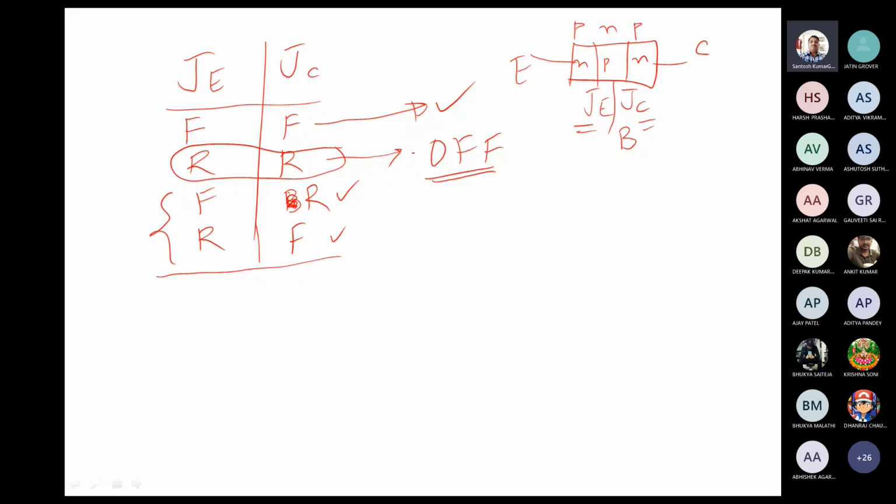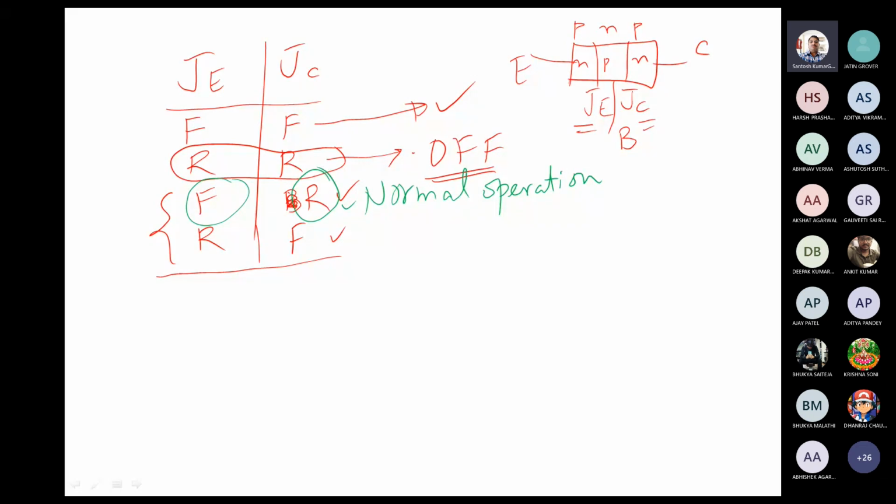Okay, so we will see here that mostly we will have the emitter junction forward biased and the collector junction reverse biased for normal operation. For the normal operation of this device, we generally forward bias the emitter junction and reverse bias the collector junction.